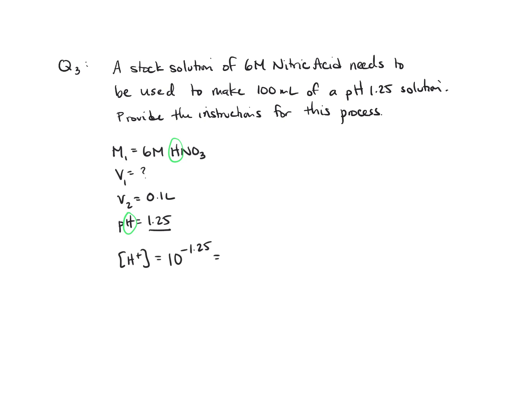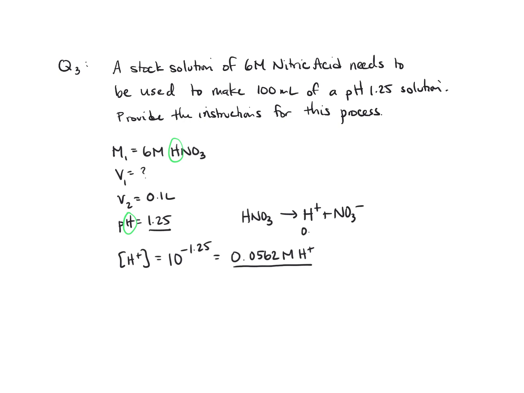And if we do that, 10 to the negative 1.25 is equal to 0.0562 molar H plus. And like I've shown you on the last 2 problems, we know that HNO3 breaks up into H plus and NO3 minus.